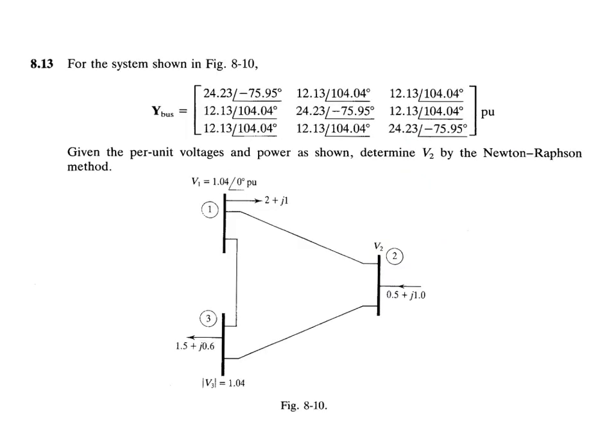Good. Here's your chance to prove your worth. It's a 3-bus system, and I tweaked it a little bit. What's the tweak? Looks like you added some thetas. They're not 0.